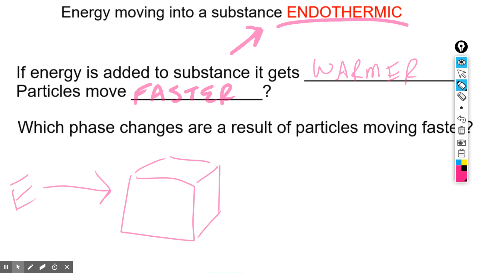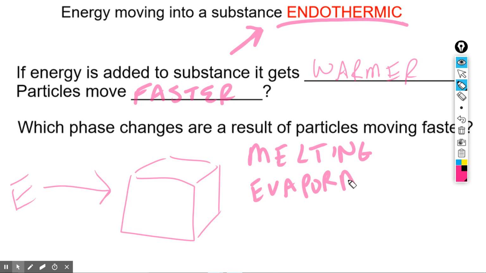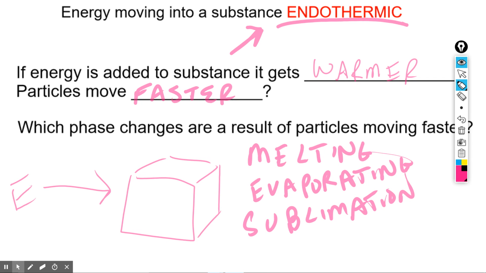Which phase changes are a result of particles moving faster? So that would be melting, evaporating, and sublimation. Which phase changes would you add heat?